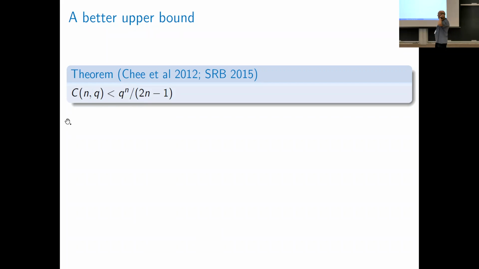I've slightly cheekily quoted myself in this paper, but really it's Chee et al., that's their bound. The reason why I've quoted myself, well, there's 2 reasons really. First of all, because my bound, the inequality, is strict.